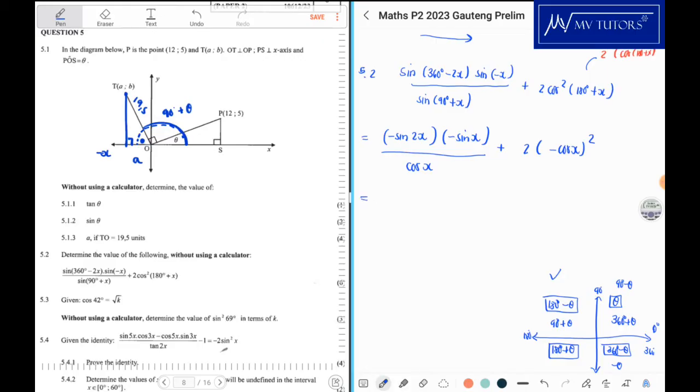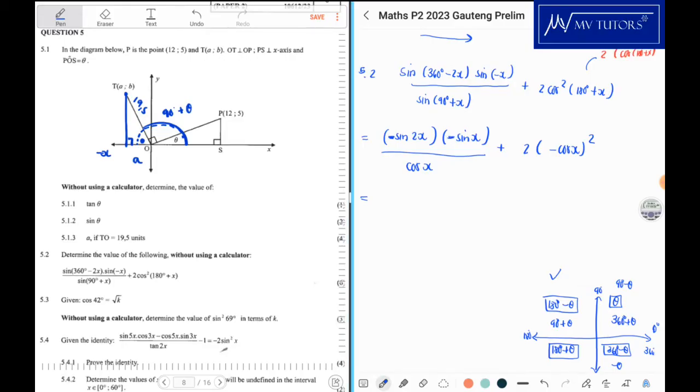So now when it comes to sine 2x, it is a double angle. At least sine of a double angle only has one answer to it, unlike cos, so we can expand it. And I can take these two negatives, multiply them with each other, and I get a positive, so I don't have to keep writing negative all the time.